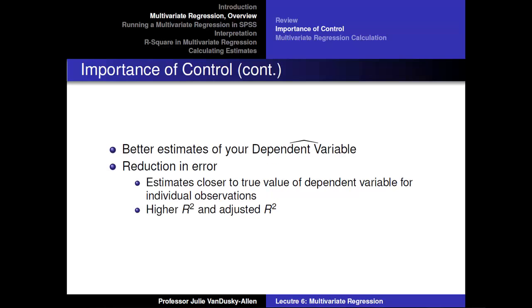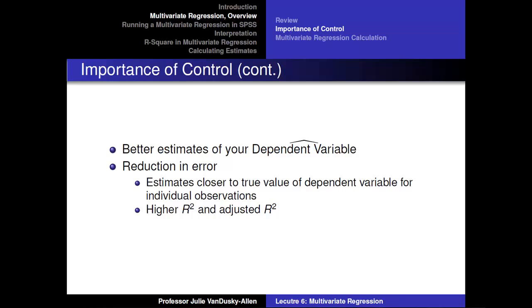Another reason we run multivariate regression is that it allows us to make better estimates of our dependent variable. Since we are including multiple independent variables, it allows us to take into account more factors that explain variation in our dependent variable, leading us to make better estimates of our dependent variable.